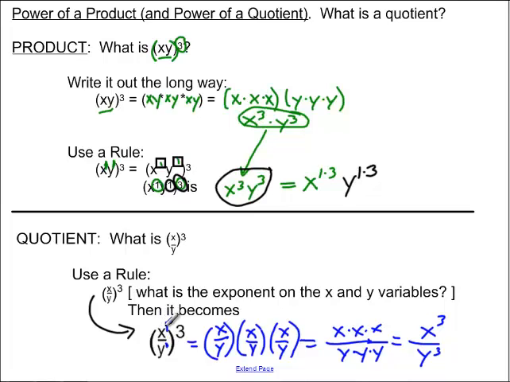We take our inside power, multiply by the outside power, and that's what we get in the answer. X to the third power, 1 times 3 is 3. Y to the first power, in parentheses, to the third power is y to the 1 times 3 power, which is y to the third power.